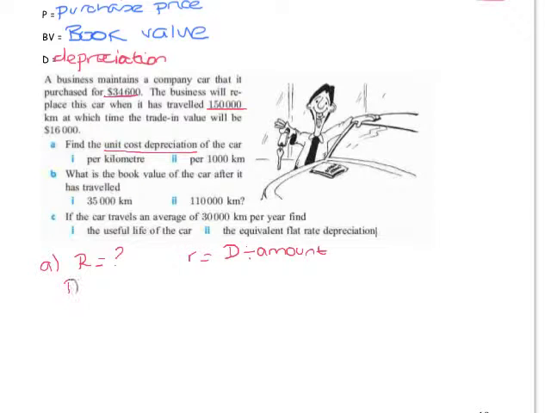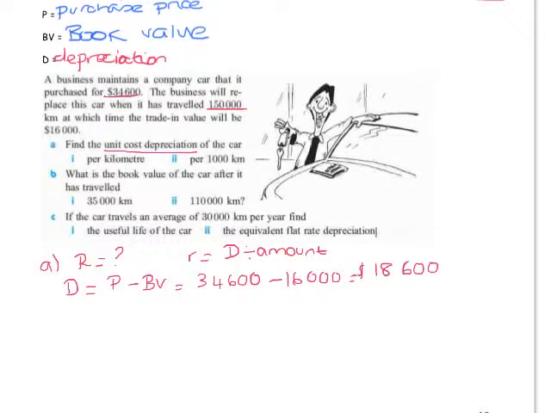So the first thing we have to do is work out the depreciation. Depreciation is the purchase price minus the book value. Purchase price was $34,600 minus the book value, the scrap value if you prefer, $16,000, which gives us $18,600. That's the depreciation in total.